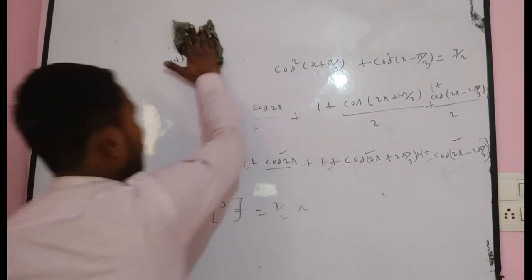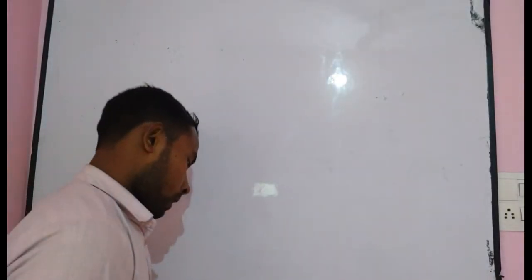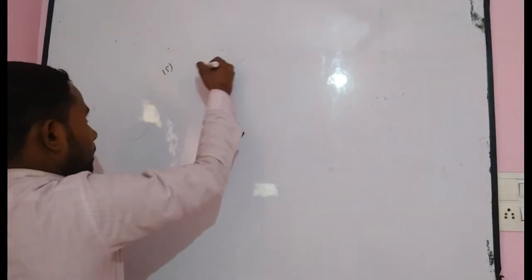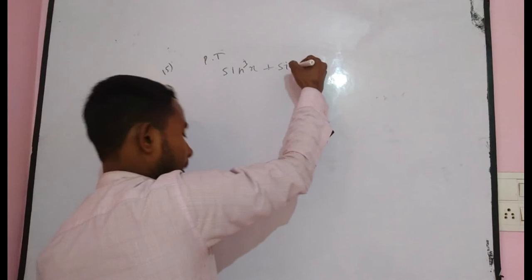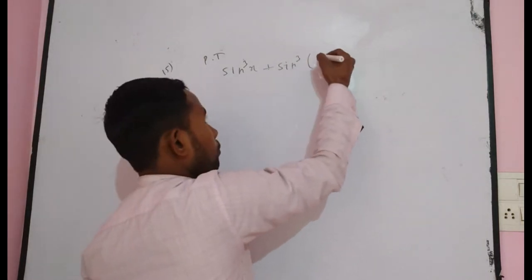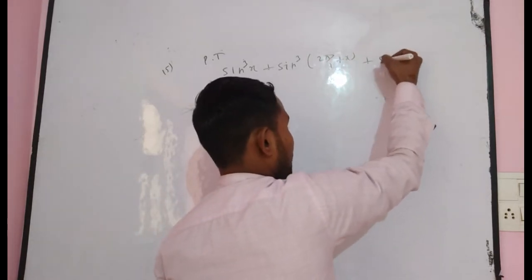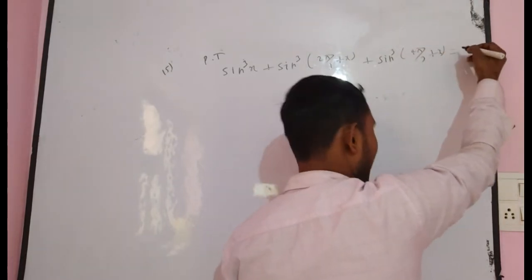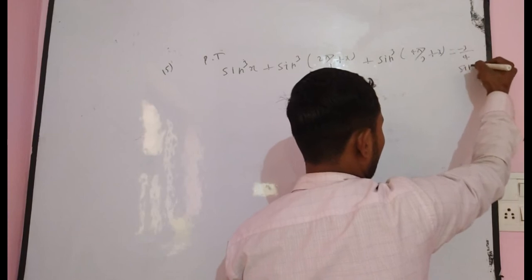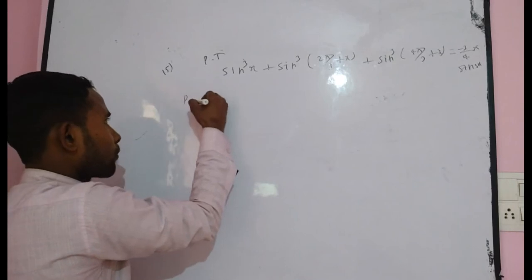Problem 15: prove that sin³x + sin³(2π/3 + x) + sin³(4π/3 + x) is equal to −3/4 times sin 3x. Now you have to prove it.